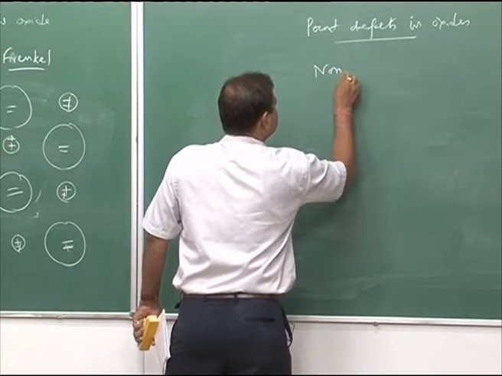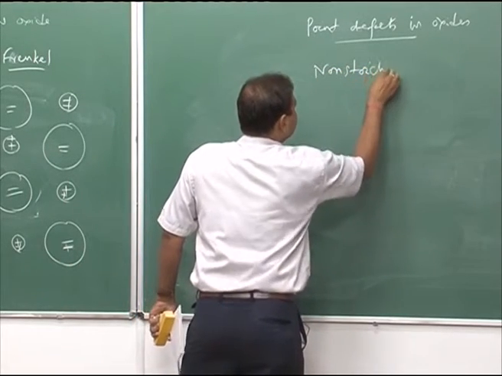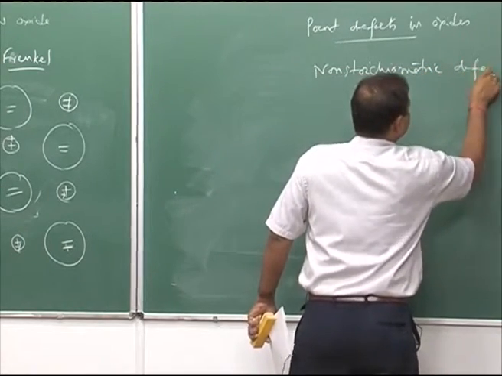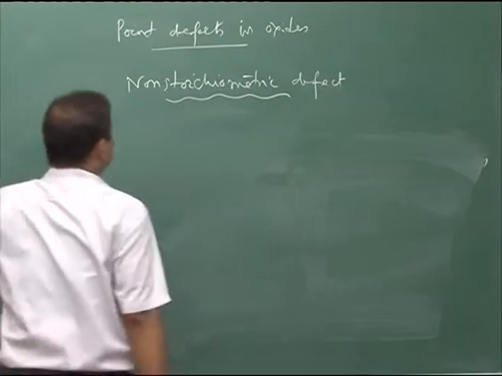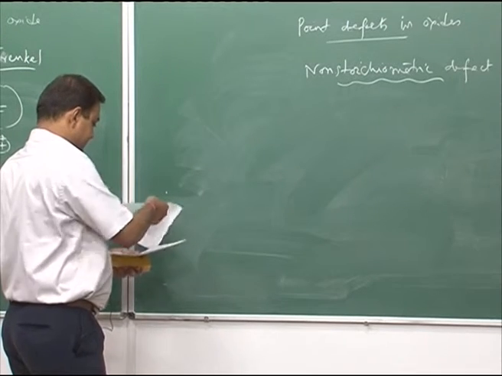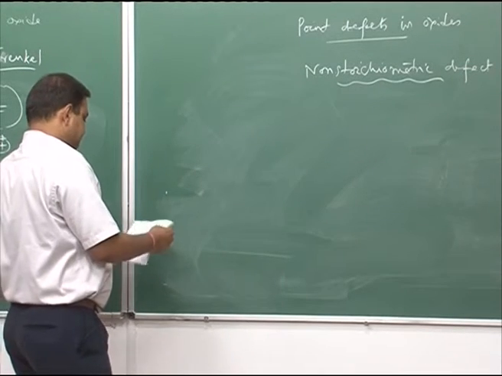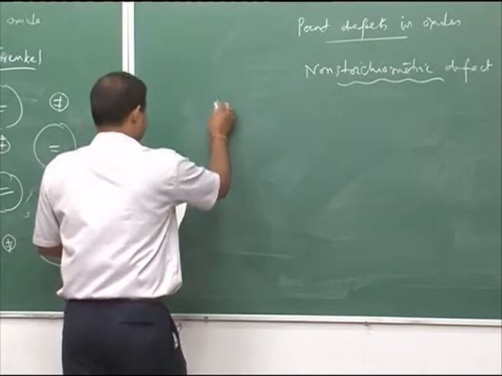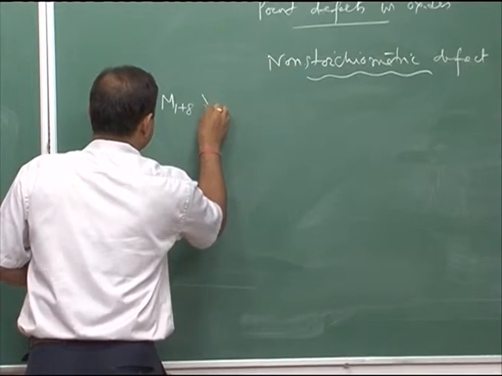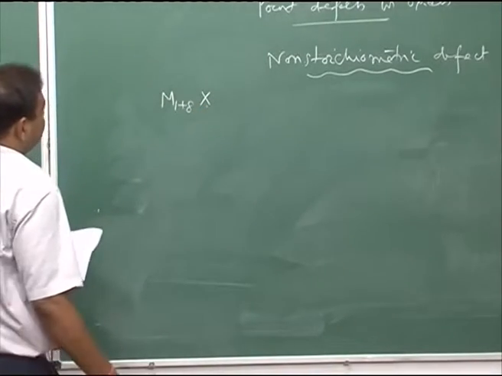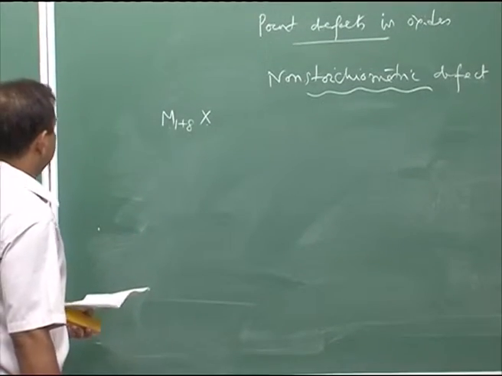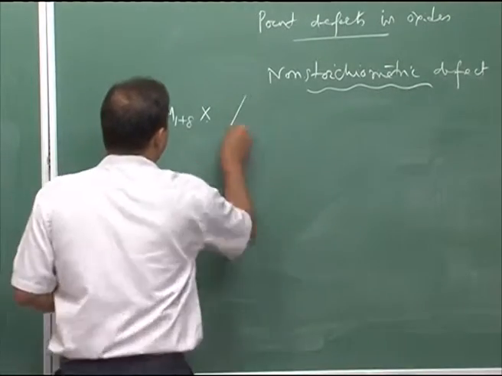So, non-stoichiometric defects could be N type. The N type defects are either metal excess, where X is the anion and M is the cation in the lattice.